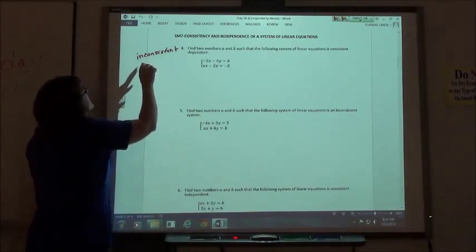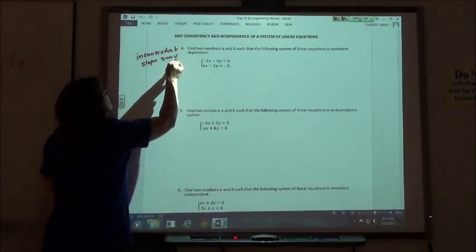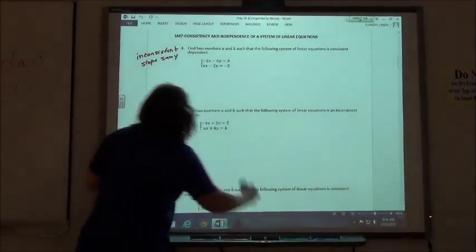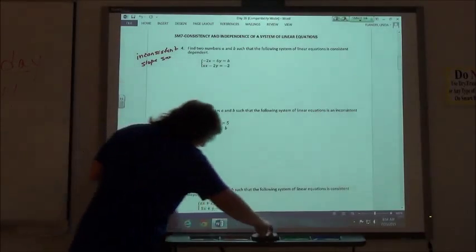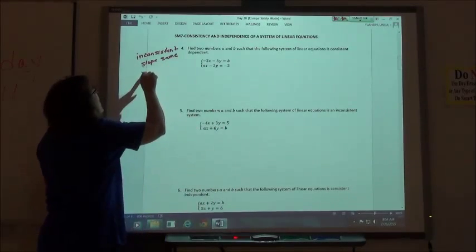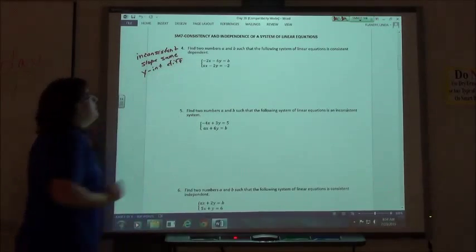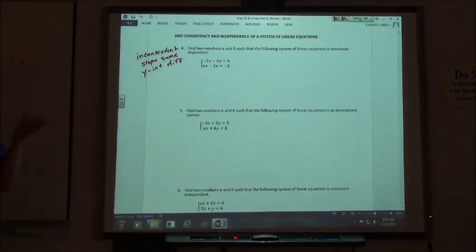If it's inconsistent, the slope is the same. The y-intercepts are different. So these ones we're usually going to have two missing variables, and so we're going to have to do both the slope and the y-intercept.